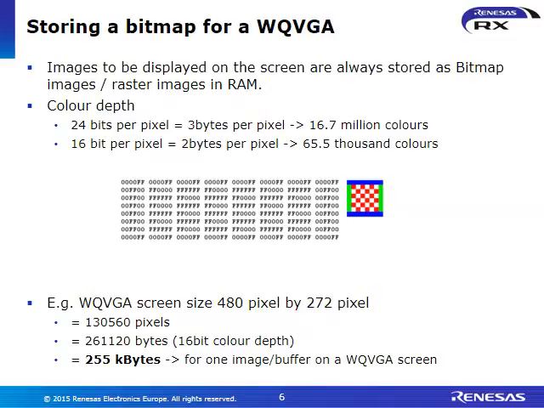As you can see, 255 kilobytes is pretty far above what most existing MCUs have embedded. Obviously, we have a couple of devices with 255 kilobytes of RAM embedded, but usually, and I'm going to show you that on the next slide, you like to have 2 buffers or 2 image frames kept in the RAM for easy switching.